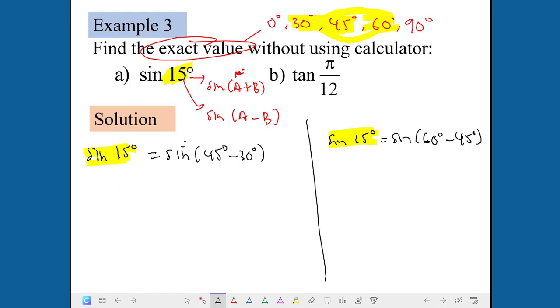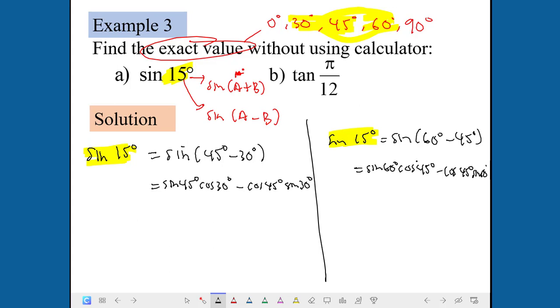Using the compound formula, it is sin 45 cos 30 minus cos 45 sin 30. If you use the other one, it's equal to sin 60 cos 45 minus cos 60 sin 45.